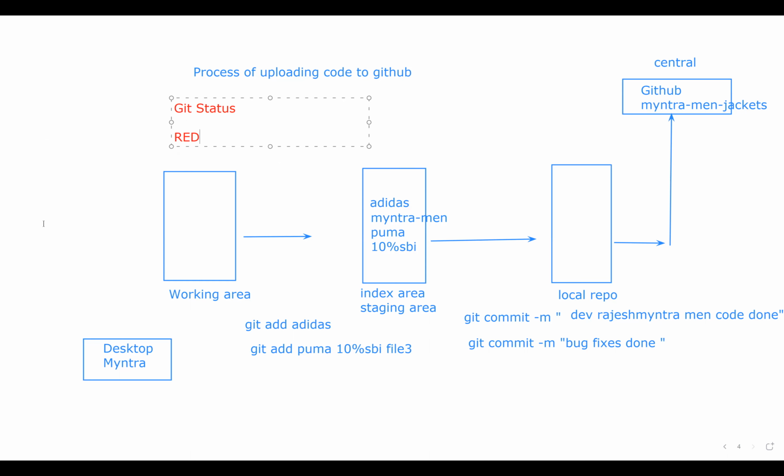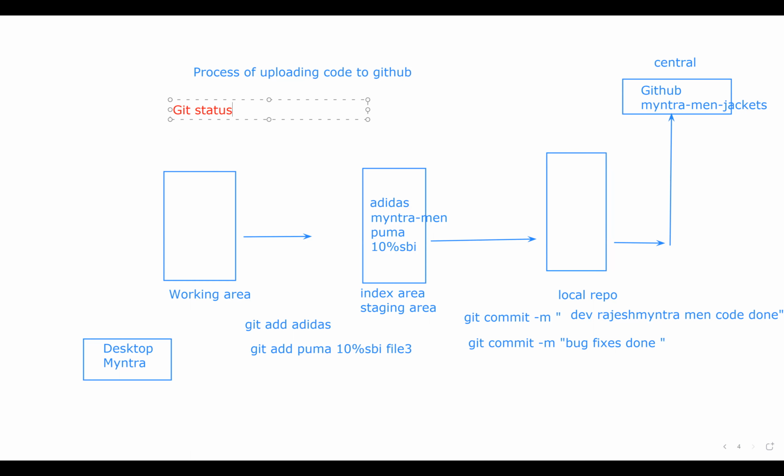Next. I'll change it again. If you enter git status, and the file's output shows in red color, it means it is in the working area. Next, if the file is showing in green color, it means it is in the staging area or index area, your wish, whichever is comfortable.